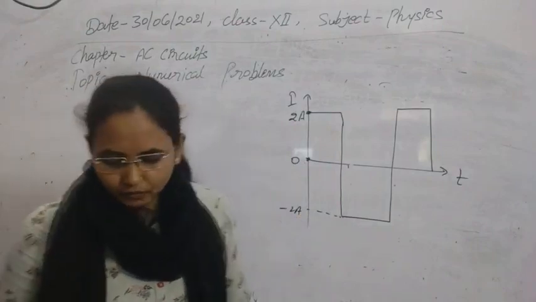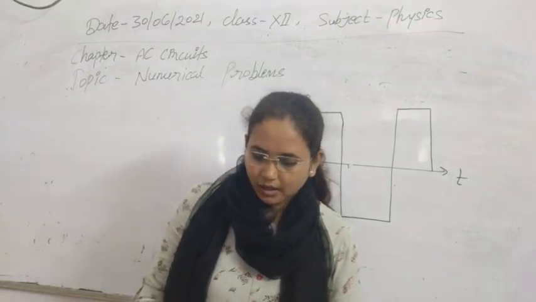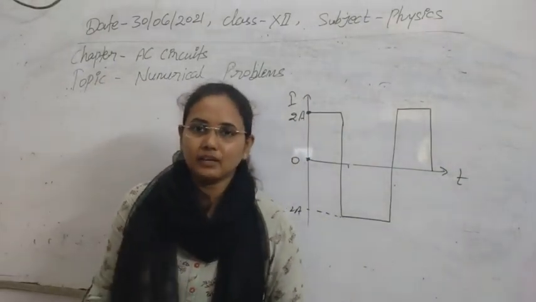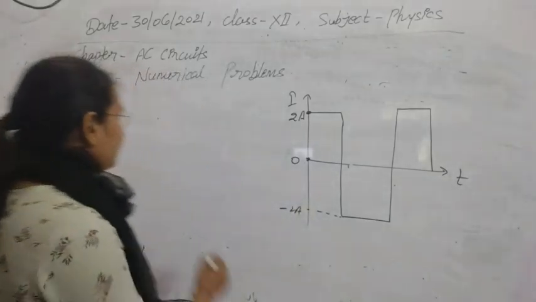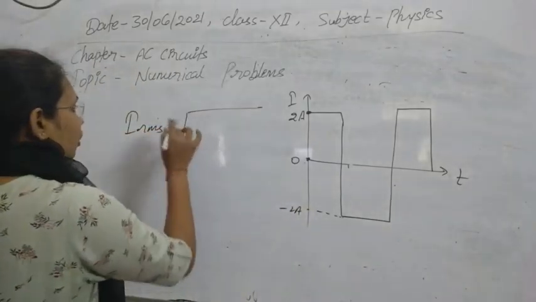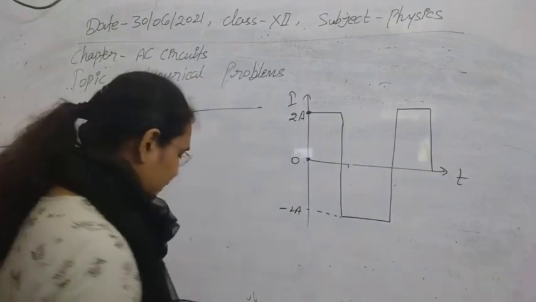Here we have to find the RMS value of the alternating current. As we know, IRMS is the square root of the mean of the squares of the current values.